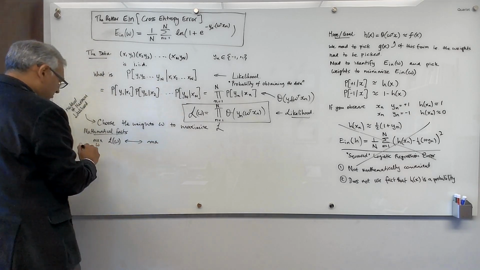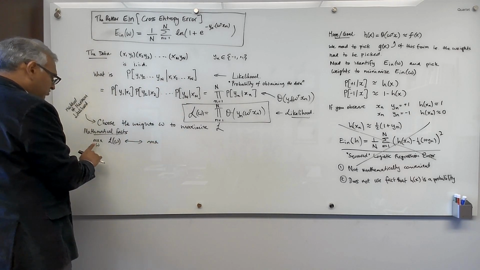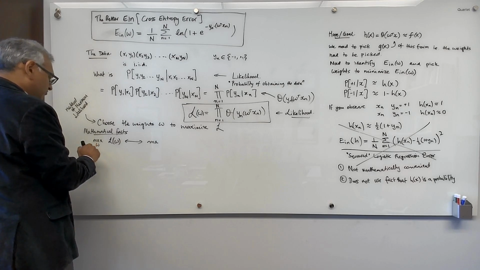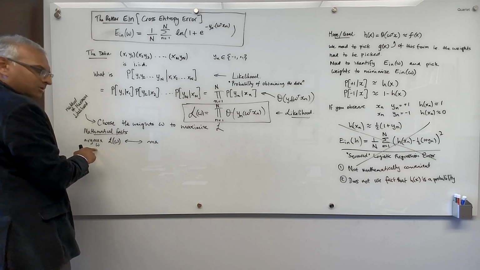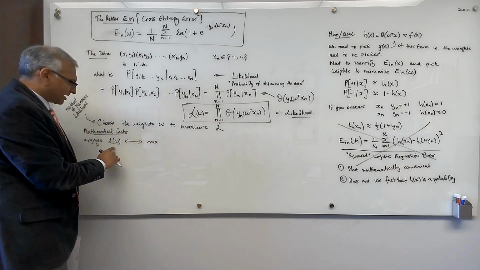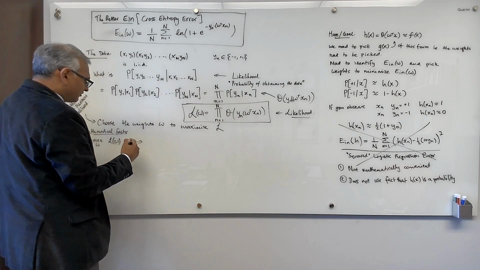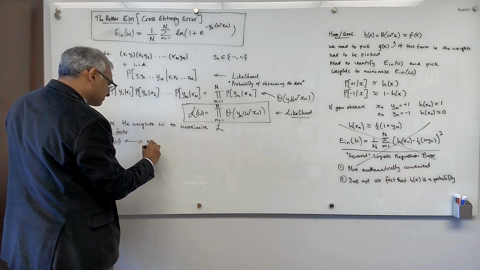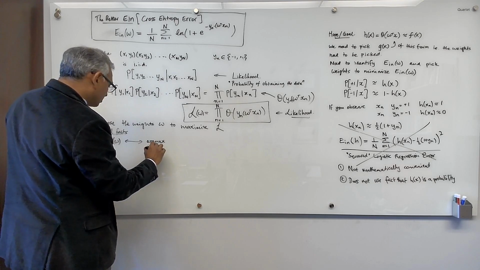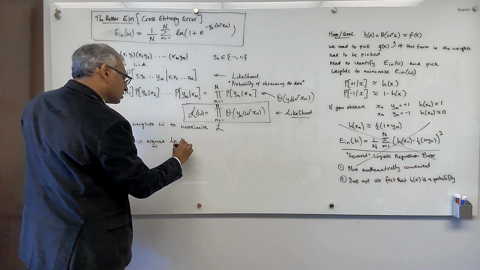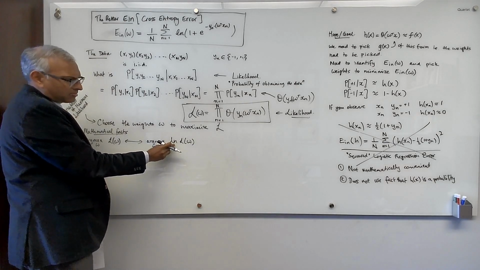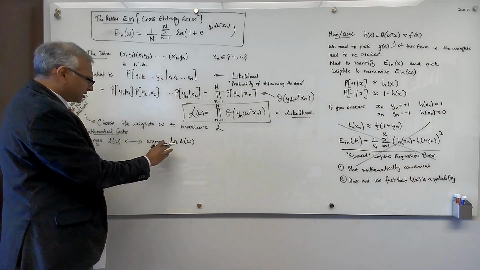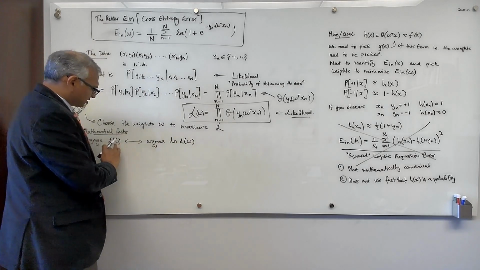Maximize. So you want to find the W which maximizes this. Technically, I should say you want argmax with respect to W of L of W. So you want the W that maximizes this. That's equivalent to finding the argmax with respect to W of log L of W. That's just a mathematical fact, because the logarithm is an increasing function, and you can do this as long as this function L is positive.